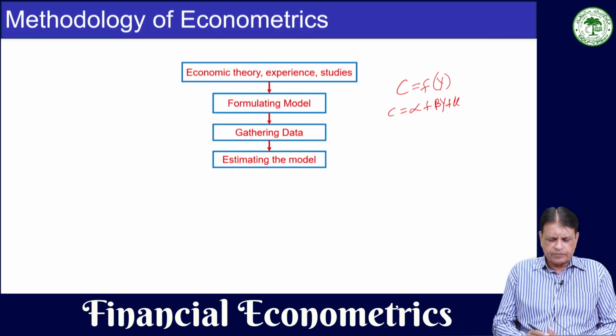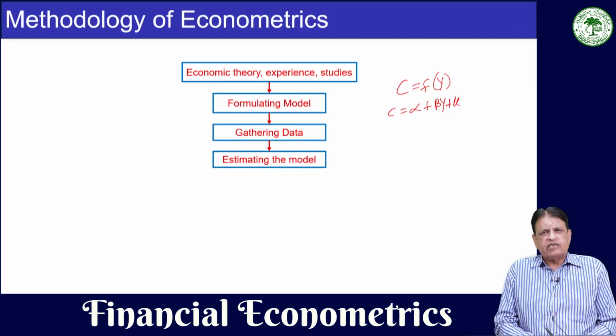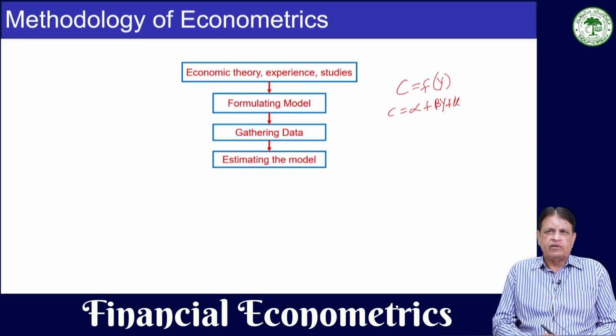Now the next task is estimation of the model, and for that we have to find a suitable econometric technique to estimate the model. Suitable econometric technique means whether we are going to use the tools available to estimate a single equation.